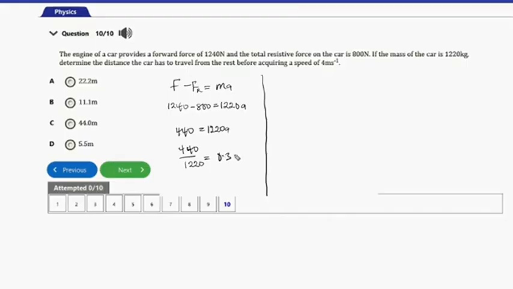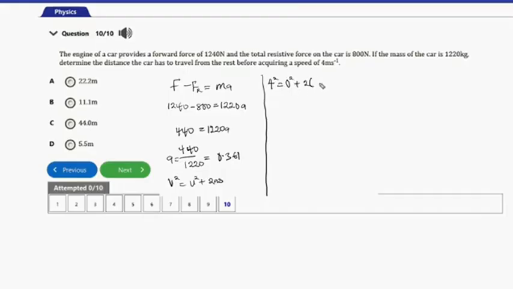0.361. So now let's use the equation of motion, which is v squared is equal to u squared plus 2as. So guys, v is actually the velocity given to us here, which is 4 meters per second. So u squared is actually the initial velocity squared, that's 0 squared, which is 0, then plus 2as.